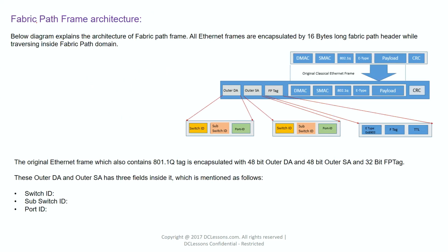So now understand what the fabric path frame architecture is. Once the Ethernet frame reaches the edge switch, and the edge switch starts forwarding it from its edge port to a core port, towards the fabric path domain, your Ethernet frame is encapsulated with a fabric path header.